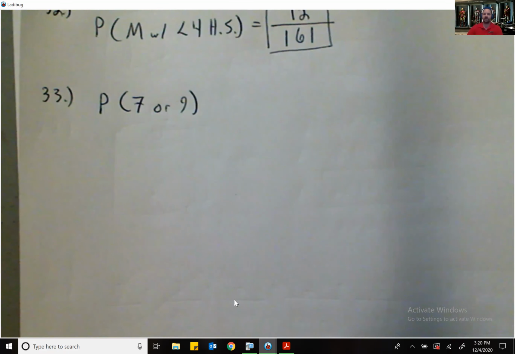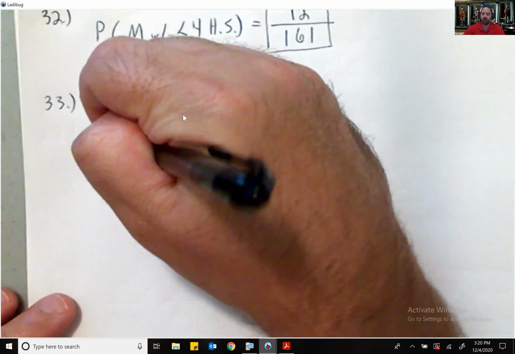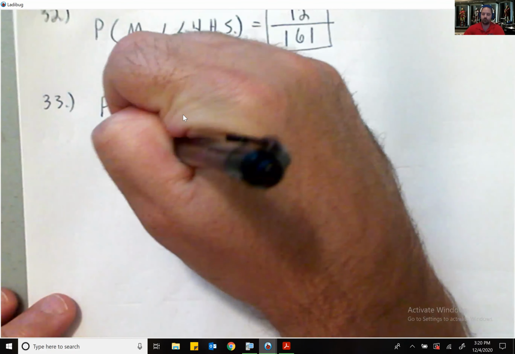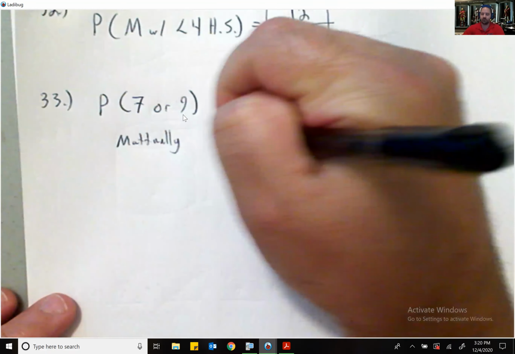So the question is, if I pick a card, can I have a card that is a 7 and a 9 at the same time? No. So this case is mutually exclusive.